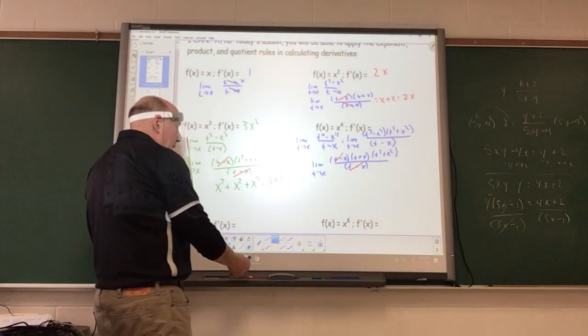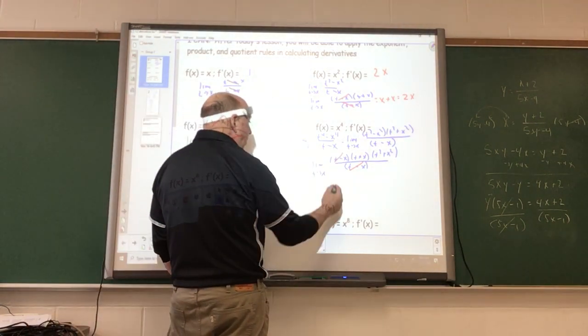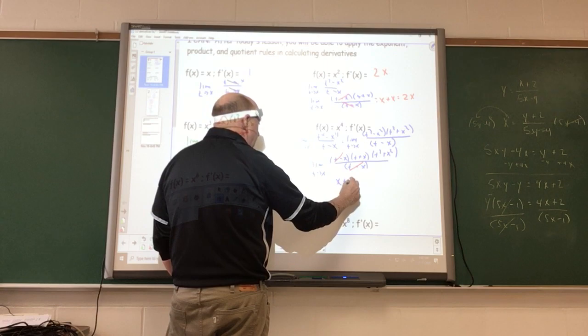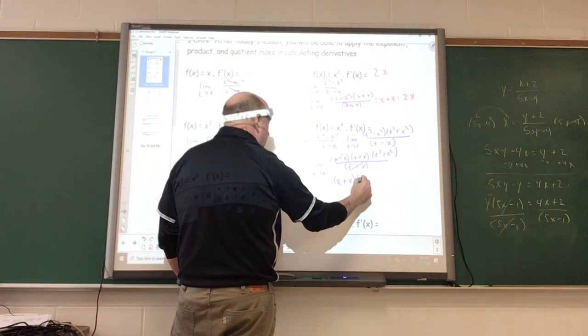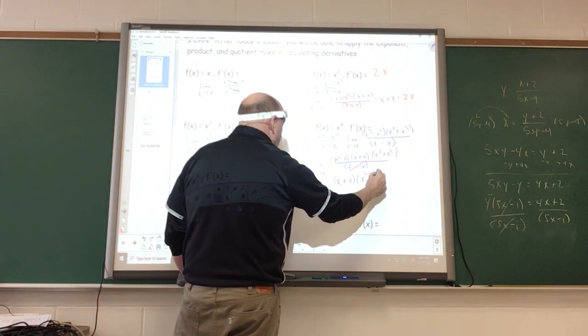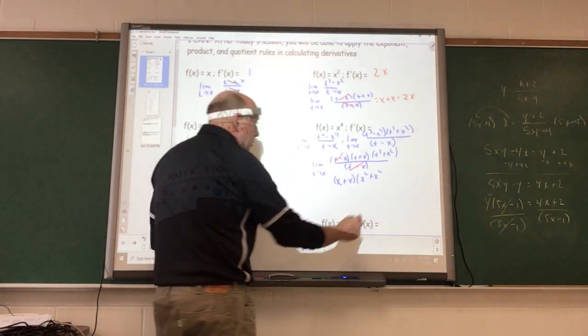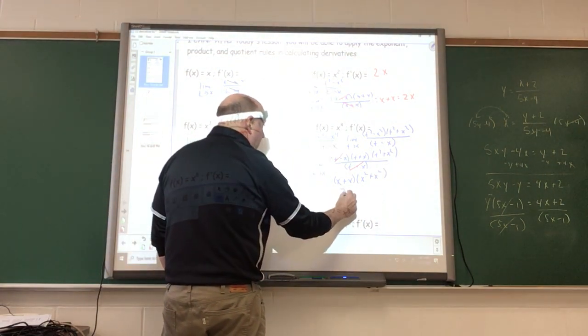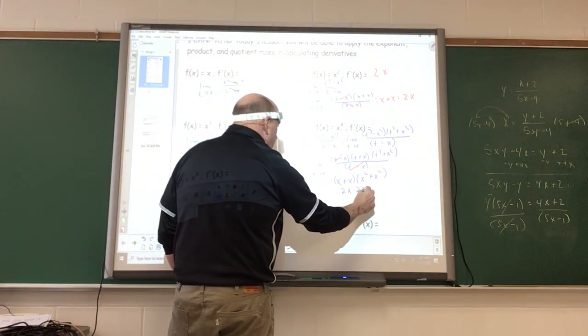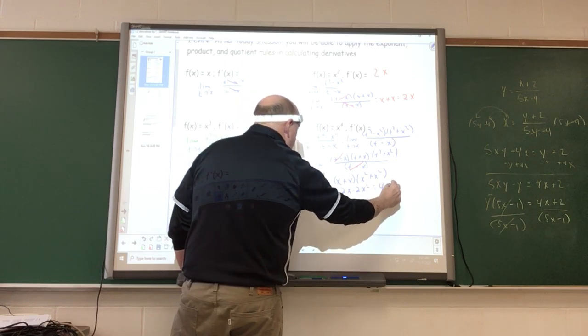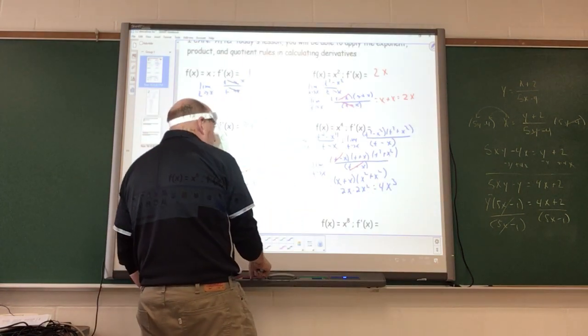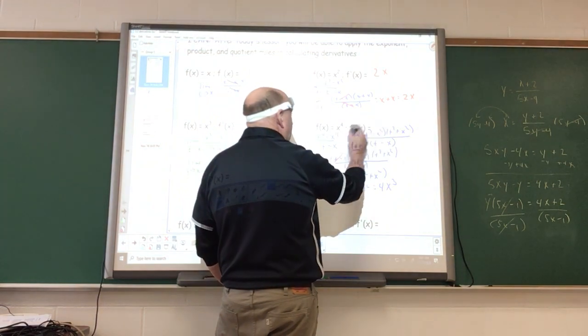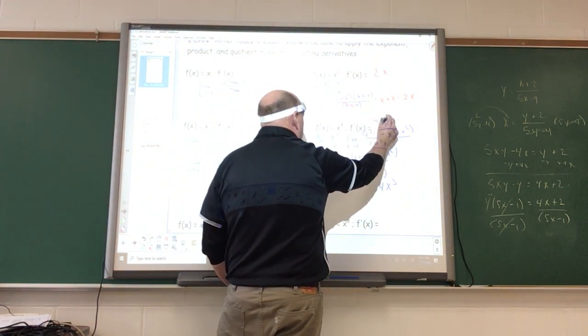Putting in an x for t, we're left with x plus x times x squared plus x squared. So this gives me 2x times 2x squared, or 4x cubed. So my derivative of x to the fourth is 4x cubed.